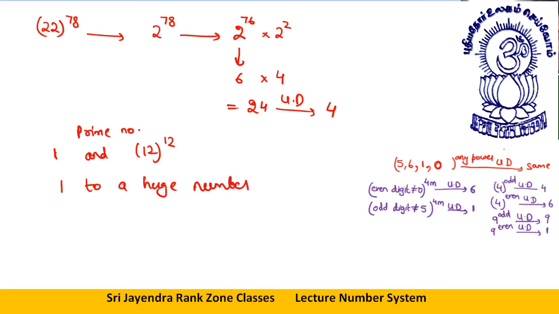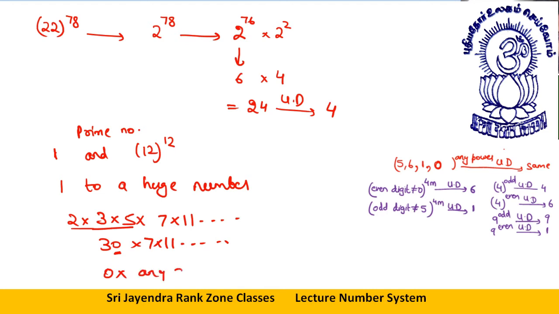So it will be 2 into 3 into 5 into 7 into 11, so on. The moment I do 6 into 5, I'll get 30 into 7 into 11, so on. 0 multiplied by any digit, what will be the unit digit? The unit digit will be 0. We have already discussed this thing, my dear students.